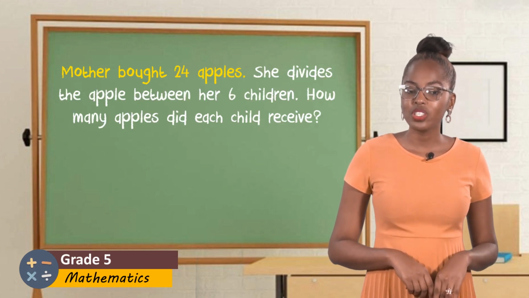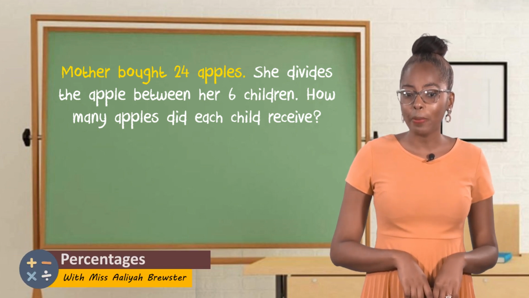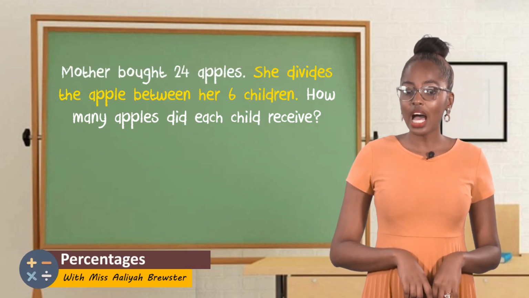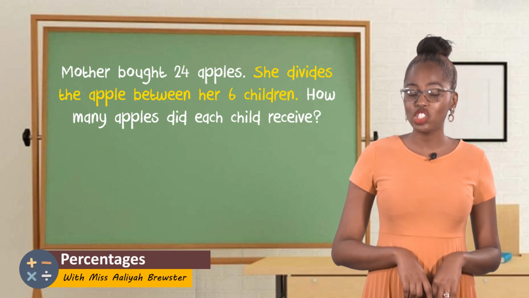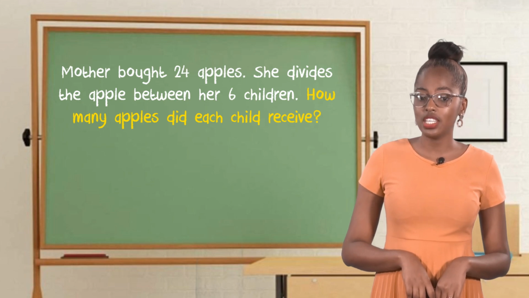Number 2, solve this problem. Mother bought 24 apples. She divides the apples between her 6 children. How many apples did each child receive?